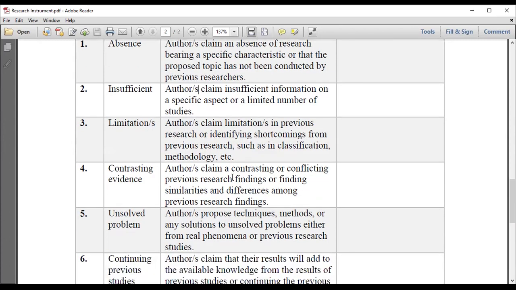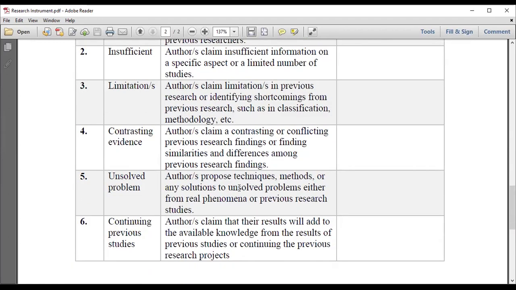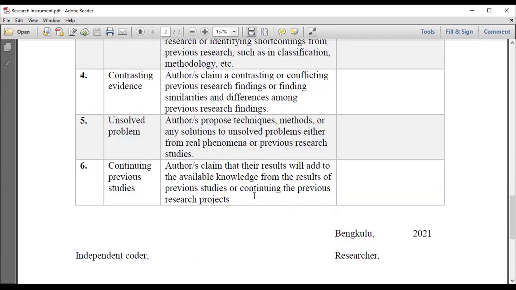And number four, if there is contrasting evidence found in the previous studies, if the authors mention this at the beginning. Number five, unsolved problem. If the authors mention that there have been studies on the topic, but the problem still exists. If the authors mention this in the abstract.